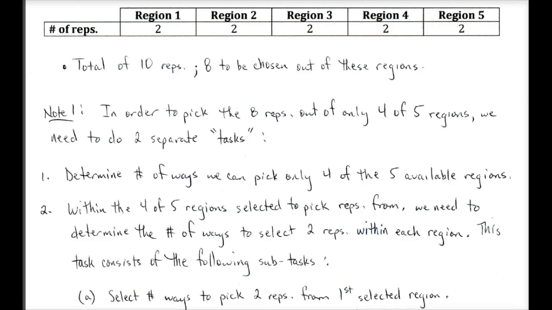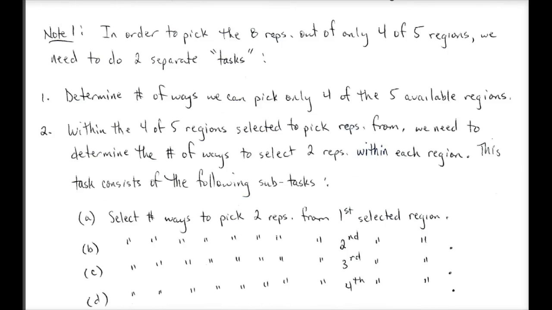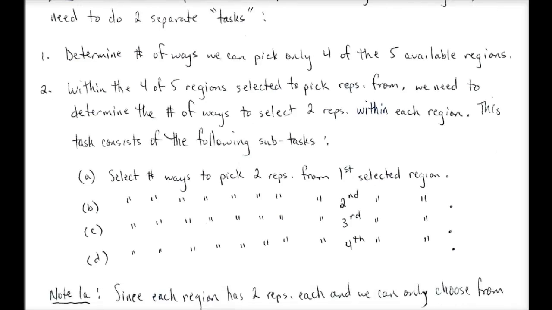Okay. All right, so we basically have 2 tasks. Again, the first one is to pick which region, which of the 4 regions out of the 5 that we want, and then to pick the number of people within that region.